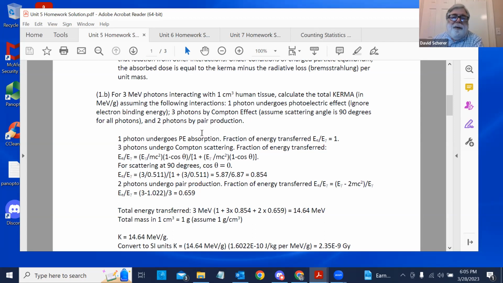The idea here was just to go back to the definition of Kerma. It's the energy transferred divided by the mass. So just take each photon and figure out what the energy transferred is. For a photon that undergoes photoelectric absorption, all of the energy is transferred. For a Compton scattering at a particular angle, 90 degrees, you use the formula that we learned about for how much energy is transferred to the electron.